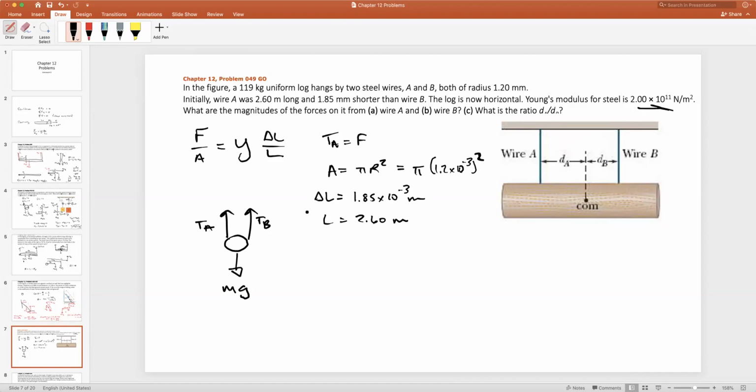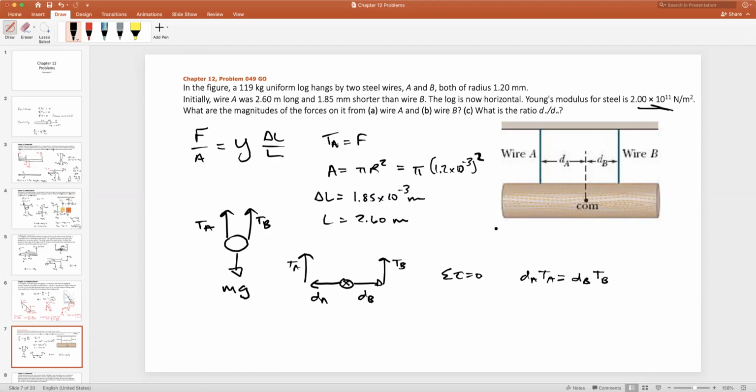And once we have TA, the torques about the center are pretty easy because you have a dA and tension A, and you have a dB and tension B. Hopefully you can already see that one torque is trying to rotate it counterclockwise, the other is trying to rotate it clockwise, and therefore the sum of our torques being zero gives us that dA TA has to equal dB TB.